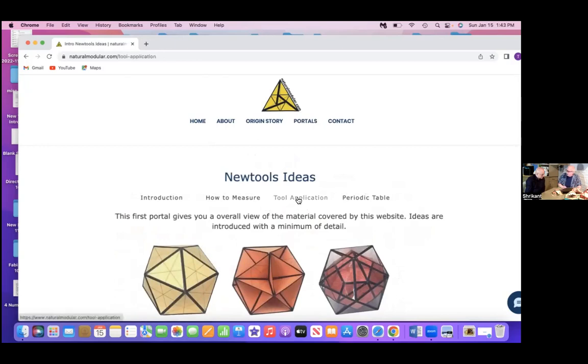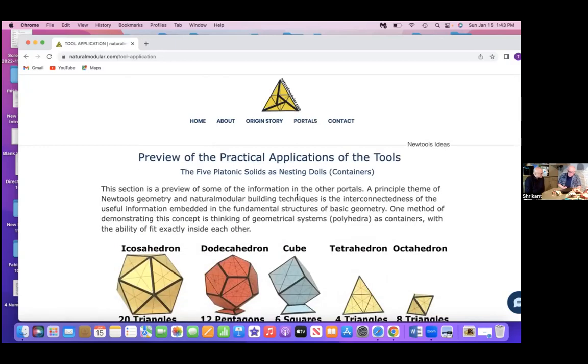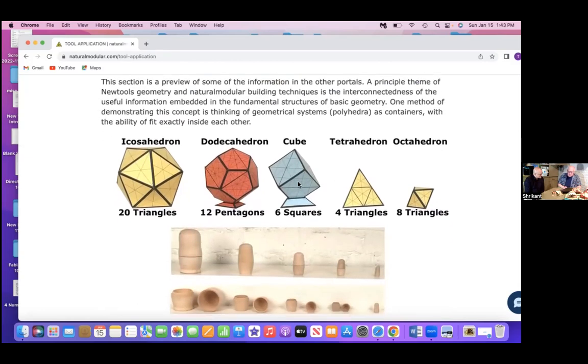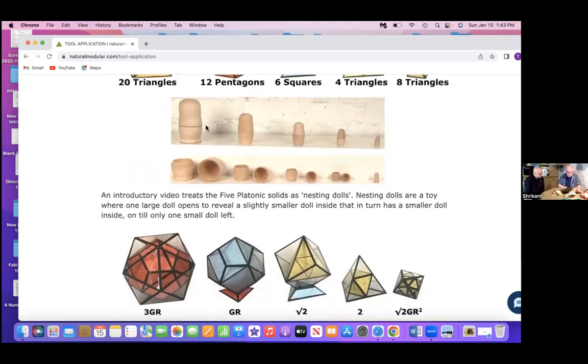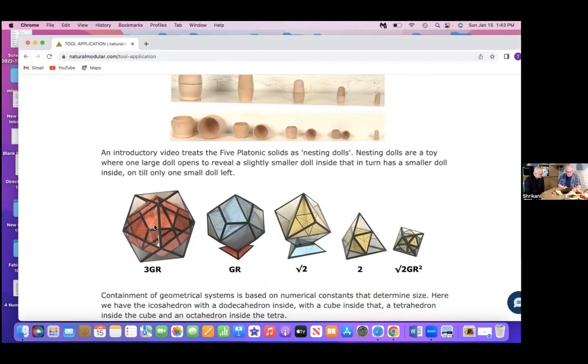So let's go to tool applications. So here is what I talked about earlier, the nesting dolls. And so each one of these sizes is the one that fits into the other. So you see here that the dodecahedron fits inside the icosahedron, and the difference between those two is 3 times the golden ratio.